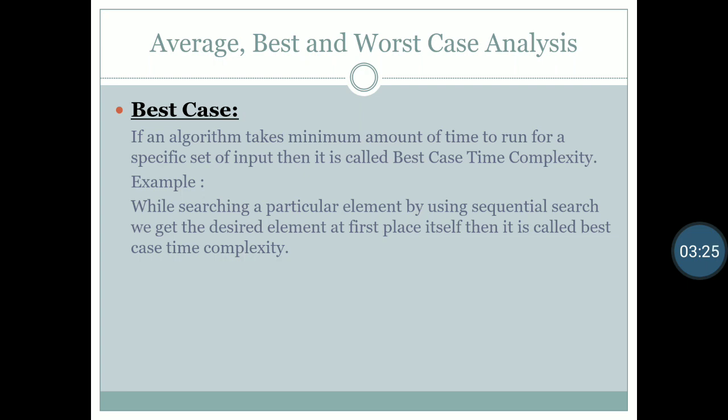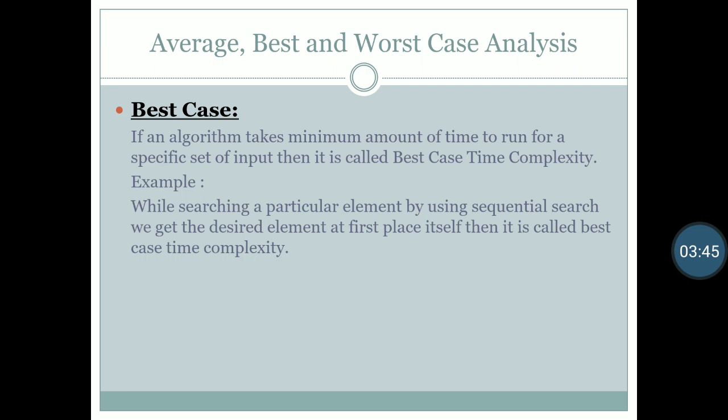Means minimum time required, best case; maximum time required, worst case; and in between minimum and maximum there will be our average case. Let's see an example of best case.